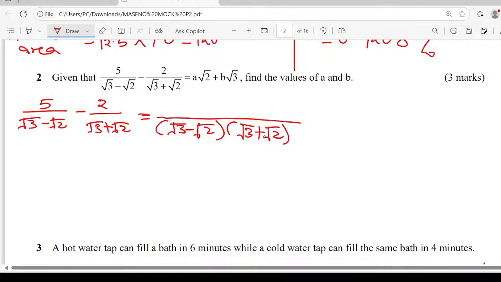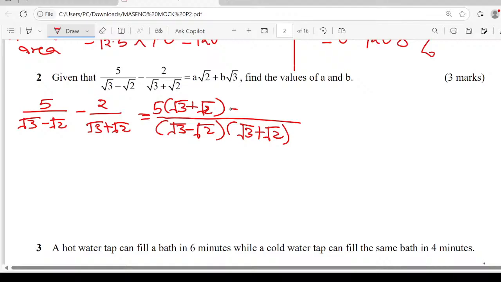Therefore, when I divide the LCM by the first denominator, I'm going to be left with root 3 plus root 2. Now that root 3 plus root 2 that is remaining, I'm going to multiply with my numerator, which is 5. So I'm going to have 5 into root 3 plus root 2. Wonderful. Root 3 plus root 2, like that.